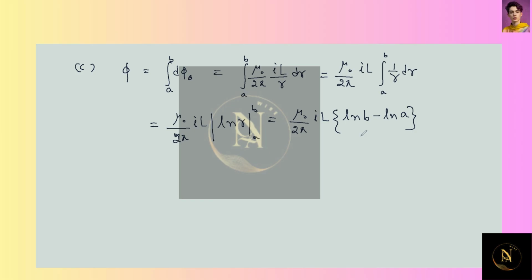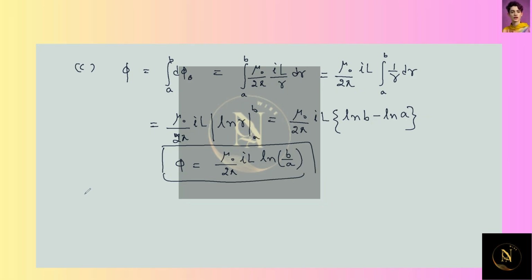Using the rule of logarithm, this comes out to be natural logarithm of b divided by a. So finally, this flux comes out to be mu naught divided by 2 pi I L natural logarithm of b divided by a. This is the answer for the third part of the problem.